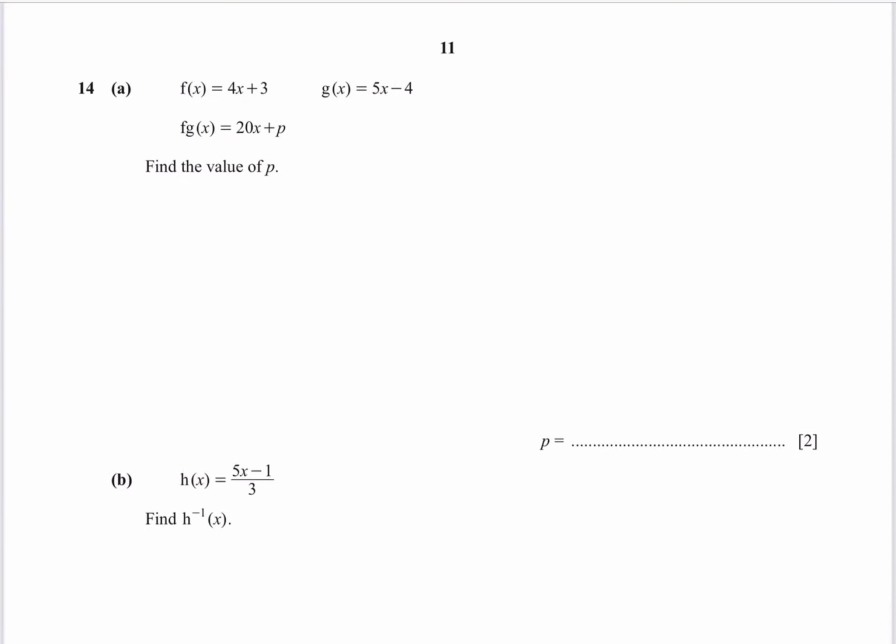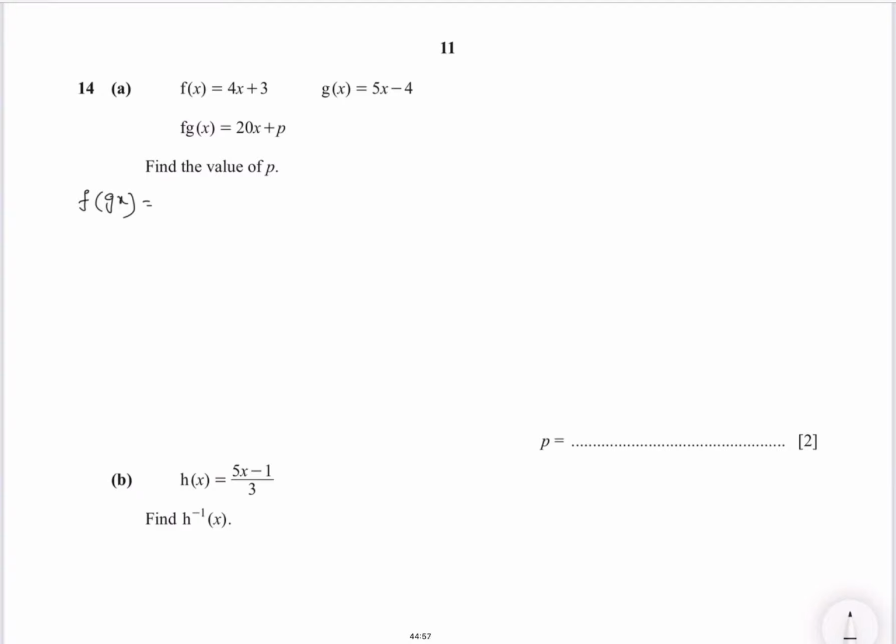Question number 14a. f of x is given, g of x is given. So f of g of x is equal to 20x plus p. So find the value of p. First of all, find f of g of x. f of g of x means you have to put the function g of x into f of x.